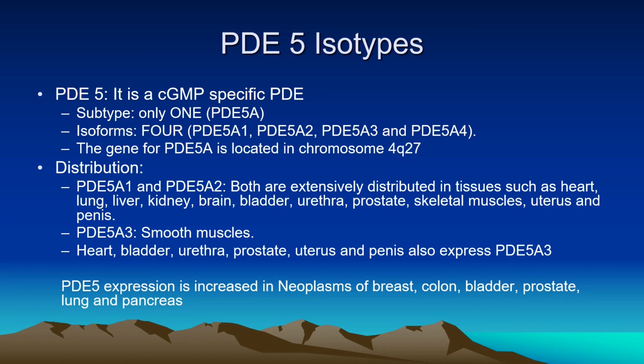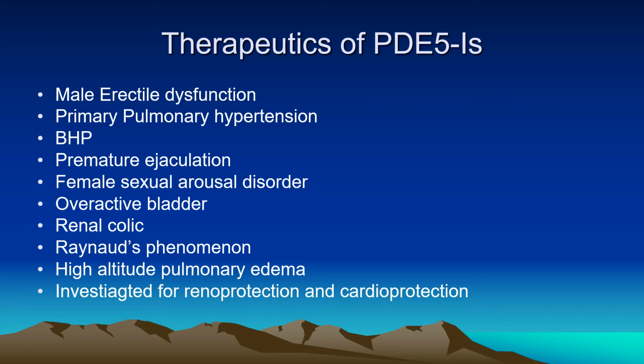Now PDE5 expression is increased in neoplasms of breast, colon, bladder, prostate, lung and pancreas. The exact clinical significance of this finding remains to be known. Now what could be the potential therapeutics of phosphodiesterase 5 inhibition? Male erectile dysfunction is treated via PDE5 inhibitors.